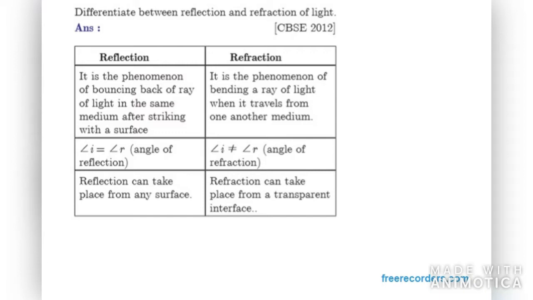In case of reflection, we have angle i equals angle r, whereas in case of refraction, angle i is not equal to the angle of refraction. Reflection can take place from any surface, but refraction can take place from a transparent interface like air, glass, air, and so on.